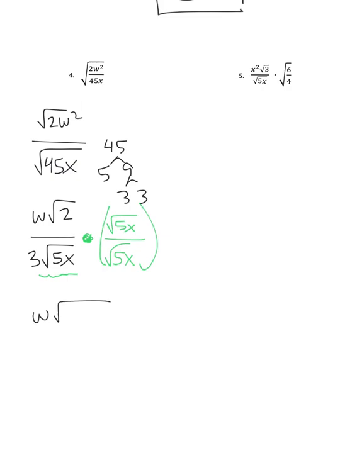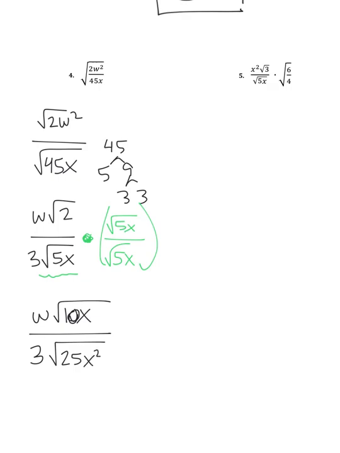Now underneath the radical symbol, I'm going to multiply the 2 times 5x for 10x. Okay, on the denominator, I'm going to multiply 3, and there's no other coefficient, so I'm going to have just 3 in front of the radical sign. Now underneath the radical symbol, I am going to multiply the 5x times 5x for 25x squared.